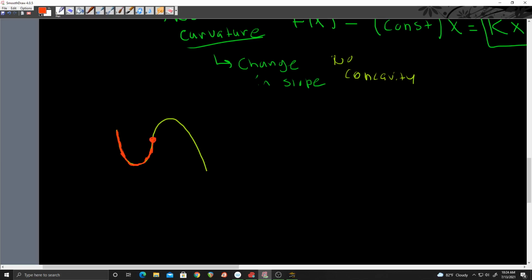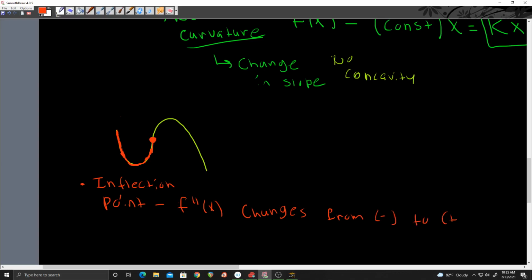This point is very, very important. This is called an inflection point. Okay, so inflection point is going to be where the second derivative changes from negative to positive, or vice versa.